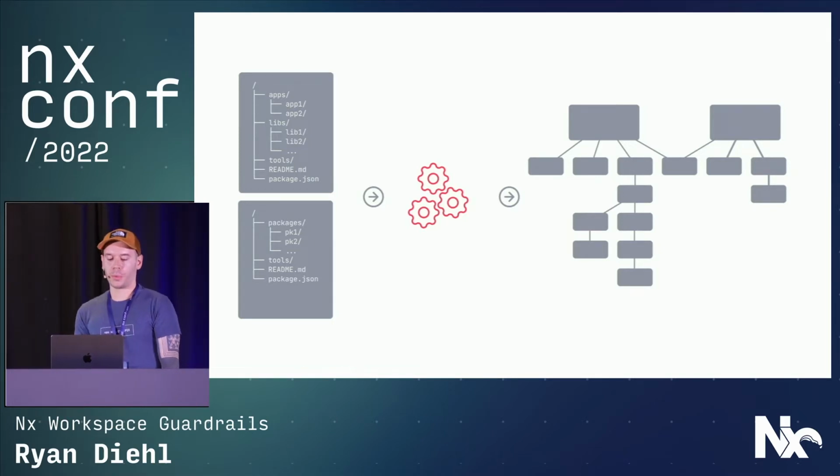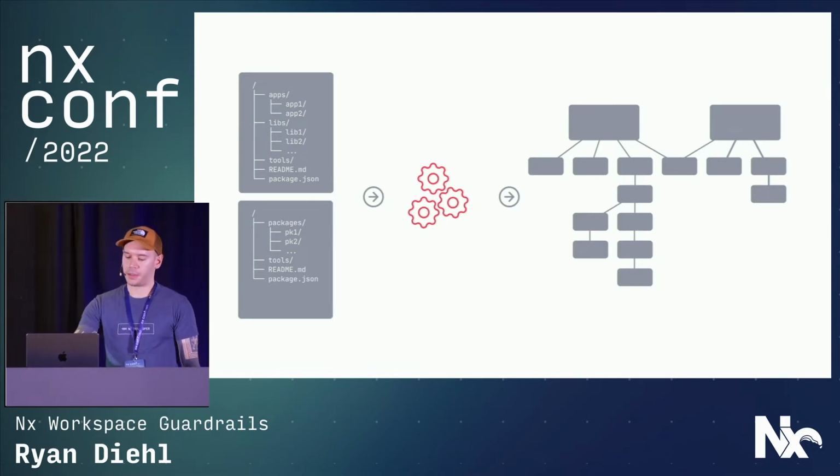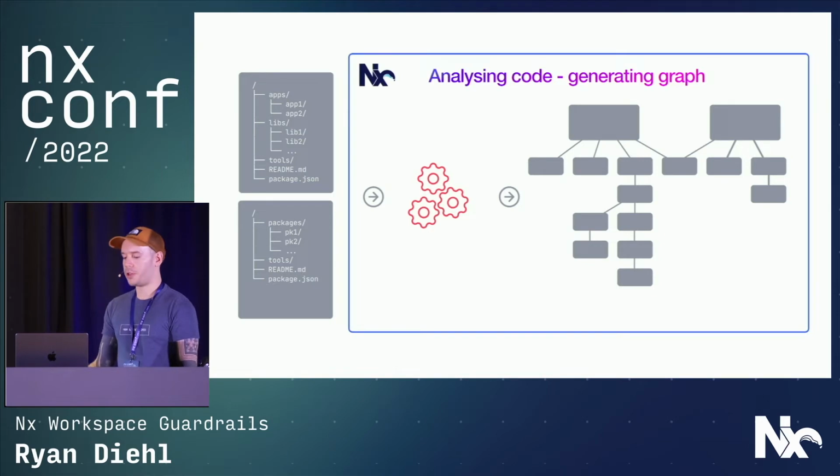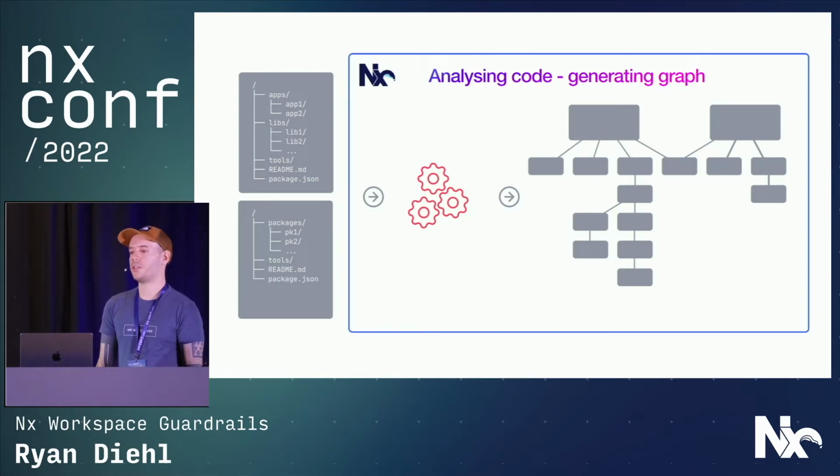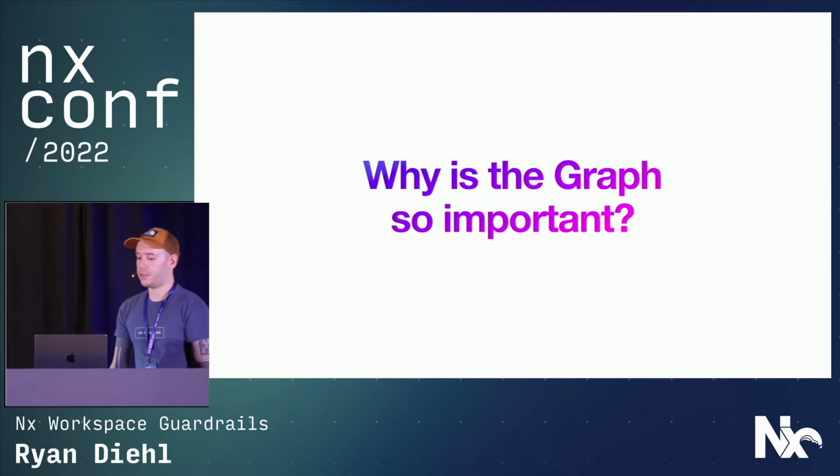So what we have now is basically knowledge about how the code is consumed and used, how it is tied together, and what architecture we have, because the directory tree structure may not be the same as the architecture of the application itself. But why is the graph so important?